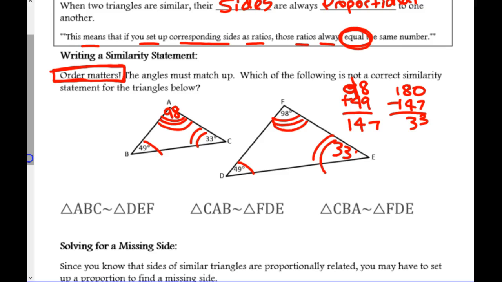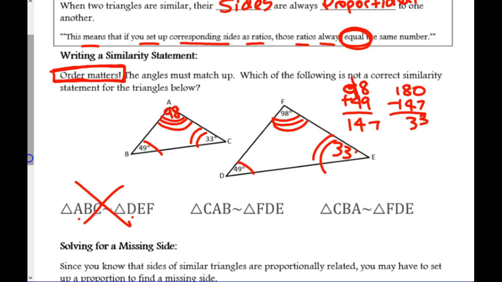Is D, E, F 3, 1, 2? Well, no, it's already A and D don't match up. A is 3 arcs, D is 1 arc. Doesn't work out. Does everyone understand why it doesn't work out? It's not in the right order, and we have just said order matters for a similarity statement. So let's try CAB.